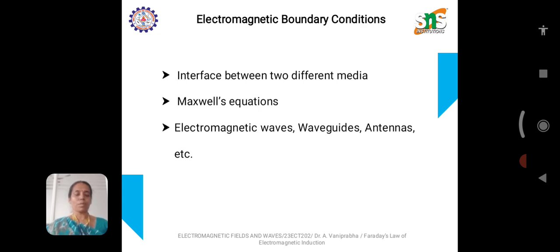What is it? What is a boundary? A boundary is nothing but two different regions which meet at a point. That intersection is nothing but the boundary or the interface. It is between different media, let it be water and land, or air and glass, or air and water.